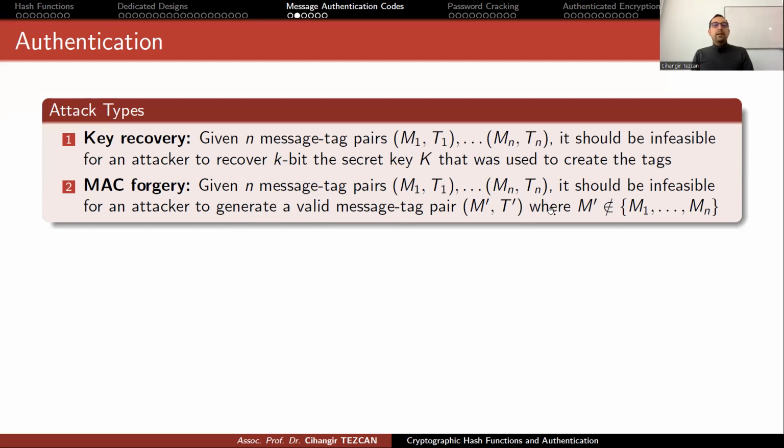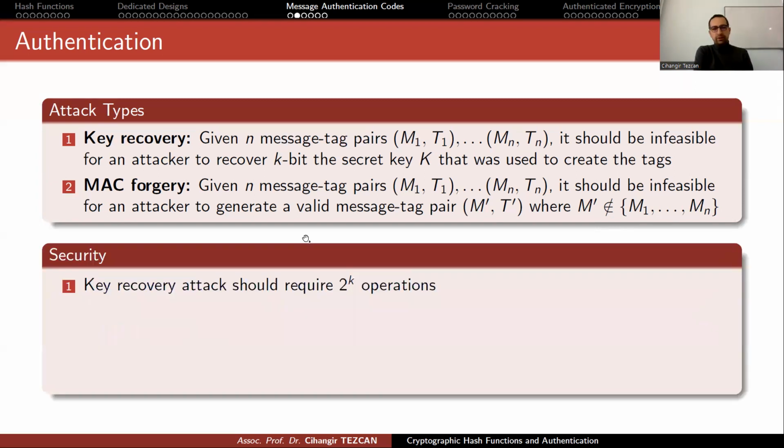Then it should be infeasible for an attacker to generate any valid pair M prime, T prime, where M prime is not one of these Mi. So you shouldn't be able to produce a tag for a message that wasn't sent before. Okay, and sometimes it is possible. Without recovering the secret key, sometimes you can do it if the algorithm is not secure enough.